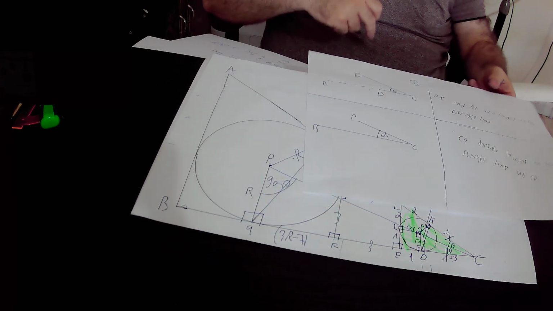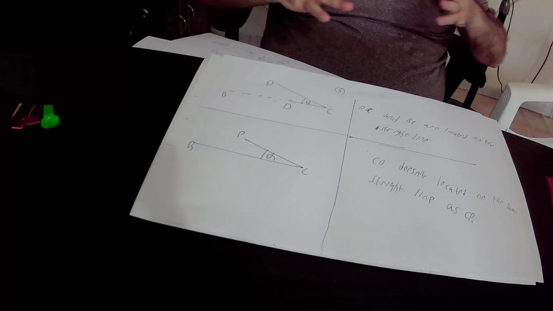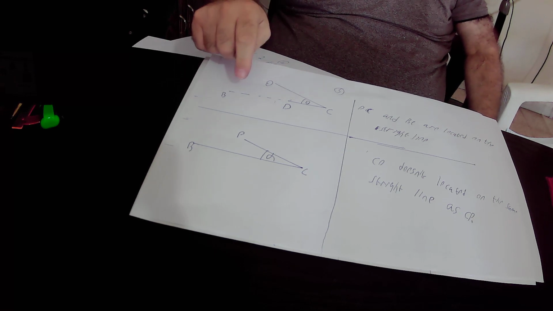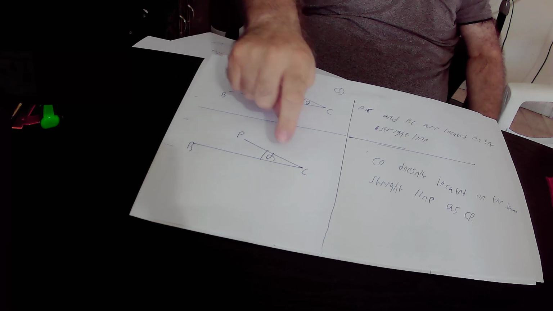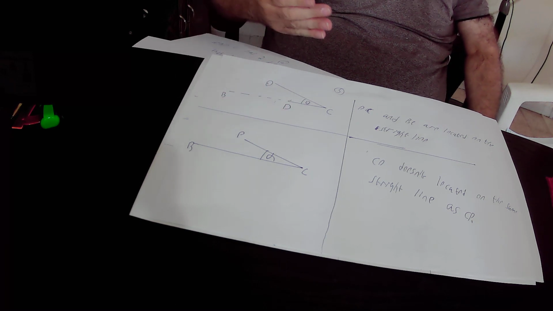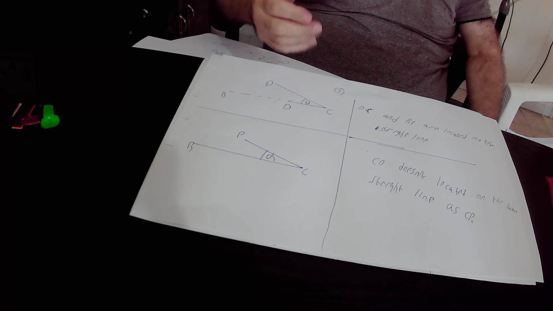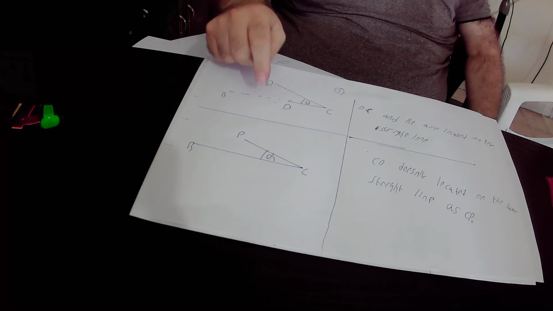So here, in both angles, one leg is located on the same straight line. That is to say, CD and BC are both located on the same straight line. What about the second leg?